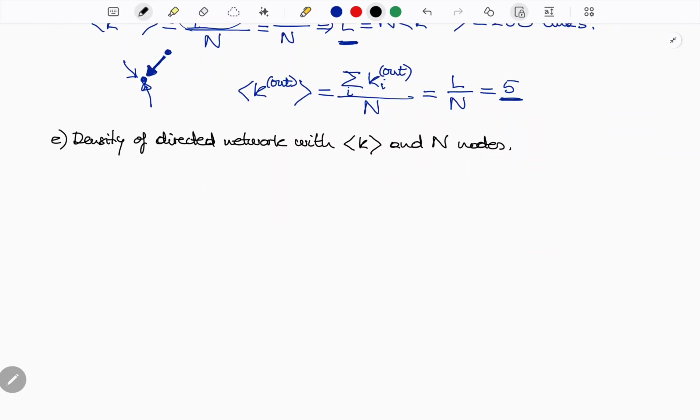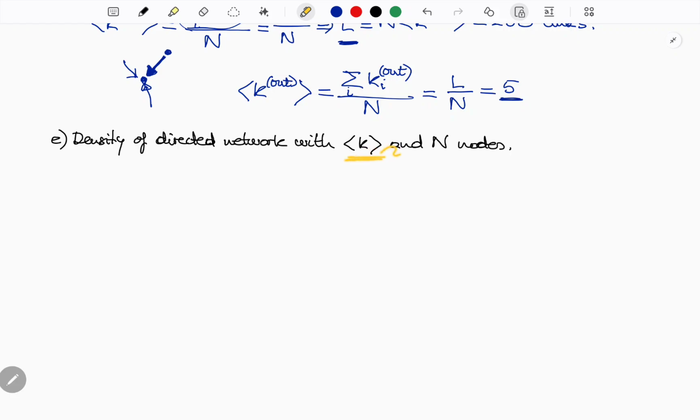Now in the next question, they're asking me to calculate the density of a directed network. This is a directed network with this average in degree and n nodes. As we just saw in the previous question, the average in degree and the average out degree are the same.